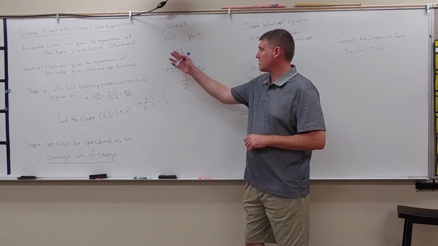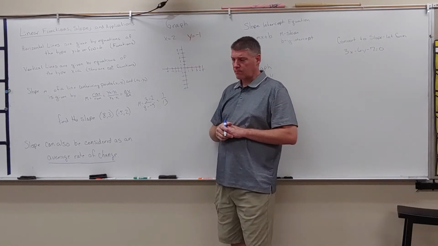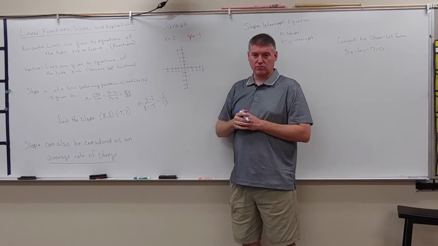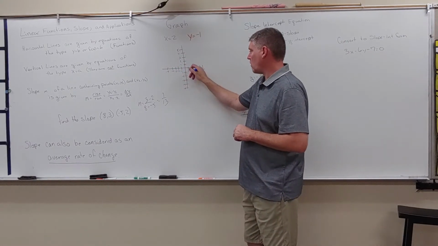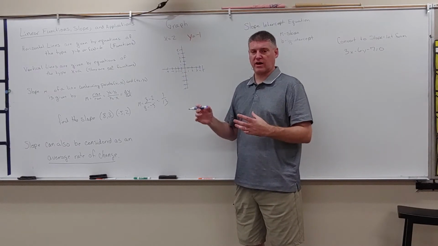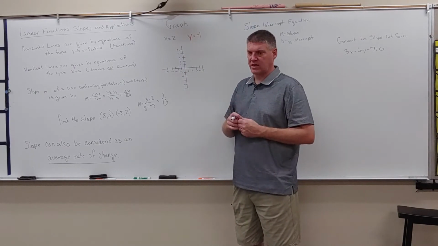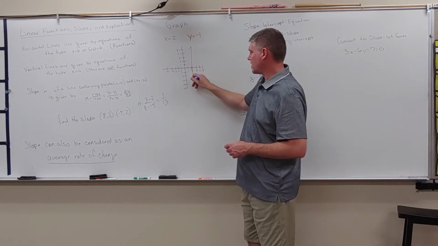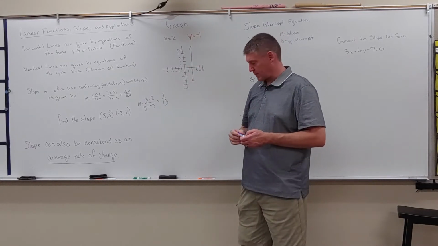We're going to start off with x equals 2. Well, x equals 2, I go to where the x is 2. Right here. Well, x is always 2. I don't care what the value of y is. y can be anything, but x has to be 2, so it's a vertical line.